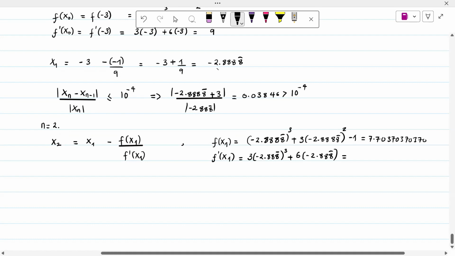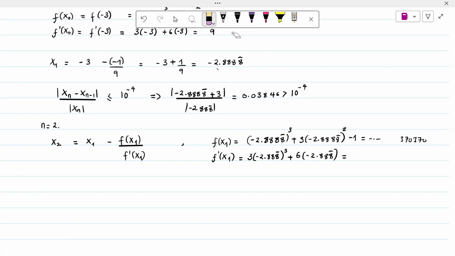Oh, sorry, for f of x1, this is not what you get. I hope you people are checking this. This is not what you get for f of x1. This should be negative 0 point something, right? 0.07, right?